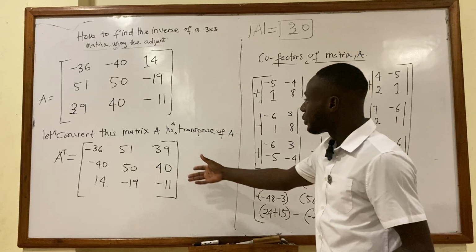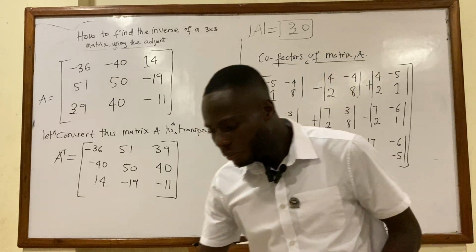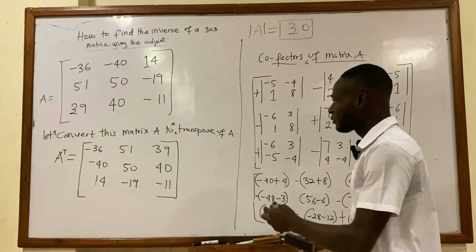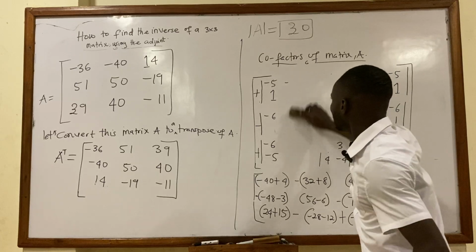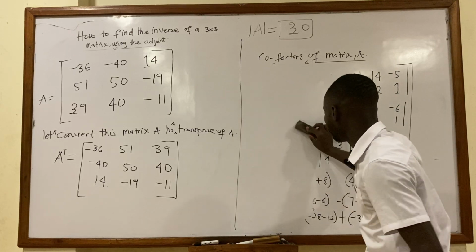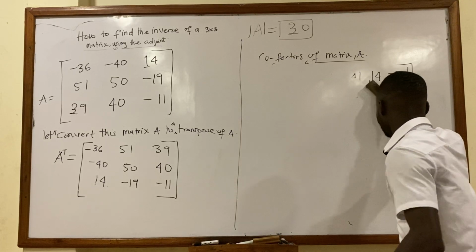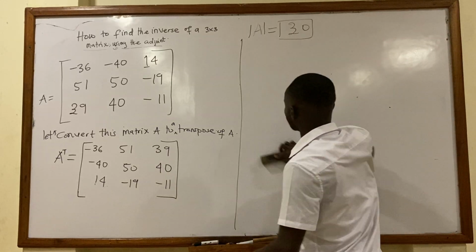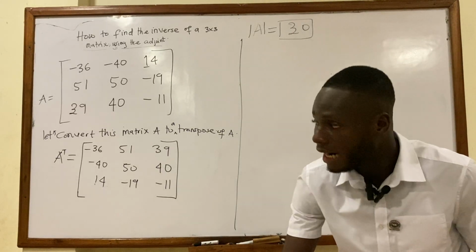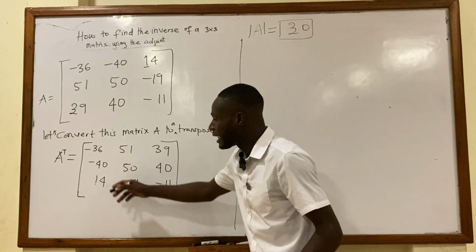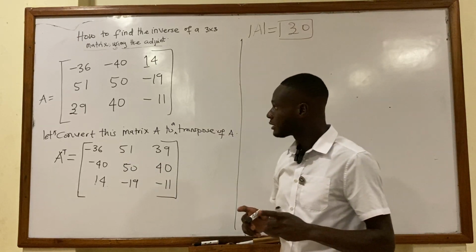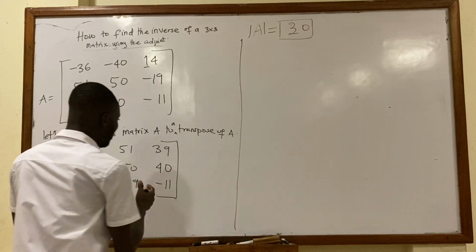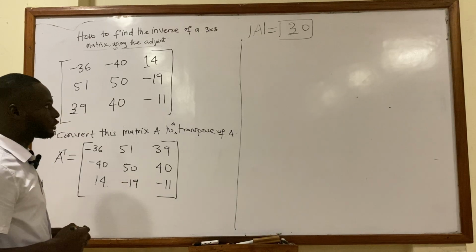So now we have the transpose. What can we do so that we can find the inverse? Now, our transpose obtained is equal to the adjoint.